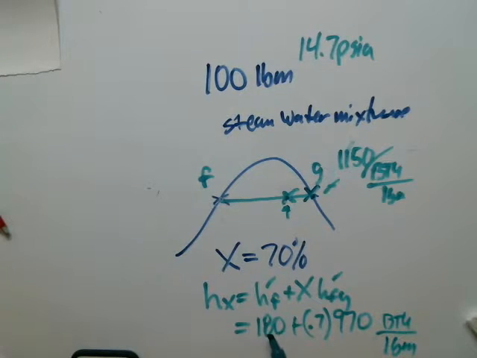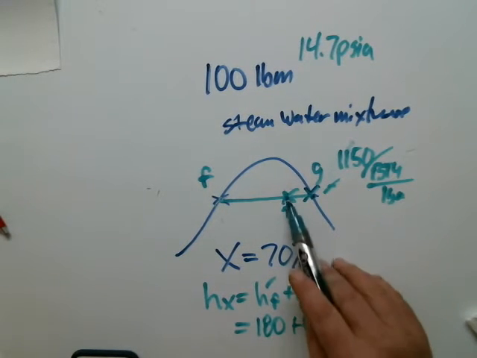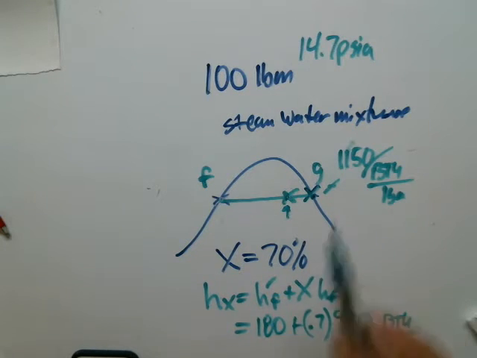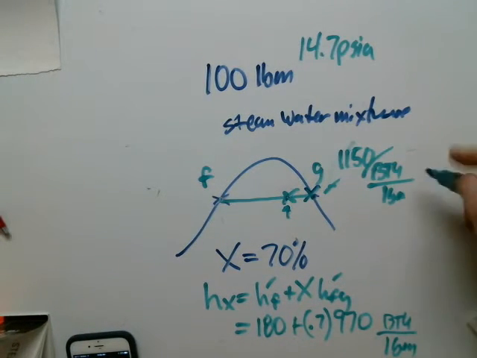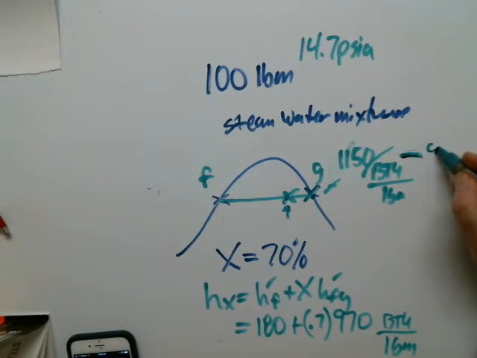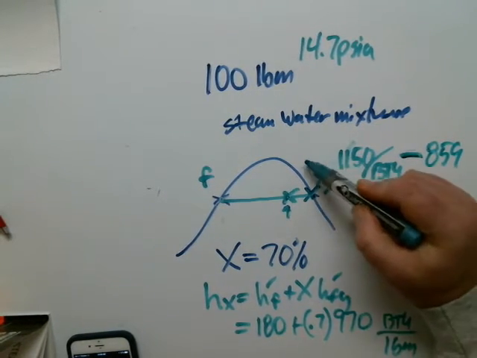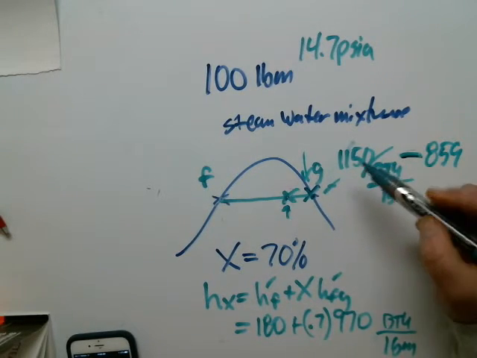So what I'm going to solve is the amount of enthalpy right here that 1 pound mass would have right there, and see what the difference is. So the enthalpy of 1 pound mass existing in the vapor dome under those conditions is, let me get my calculator out, 0.7 times 970 plus 180, and that's 859 BTUs per pound mass. 1150 is what a saturated vapor would have.